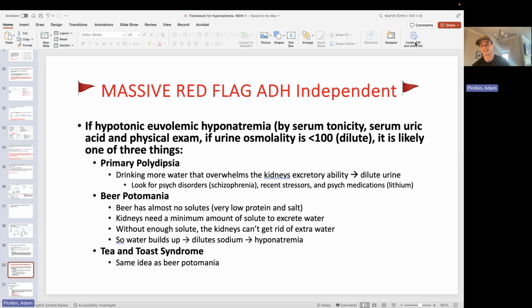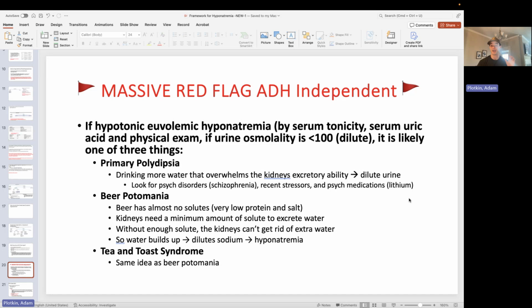A massive red flag I want you to pick up on is if we have hypotonic euvolemic hyponatremia. So again, serum sodium will be less than 135, serum tonicity less than 280, serum uric acid less than 4, and physical exam shows euvolemia. If the urine osmolality is less than 100, which means it's dilute, that should be a major red flag.